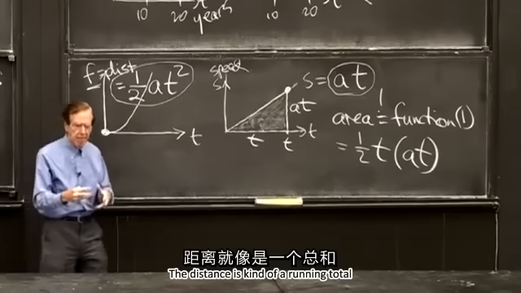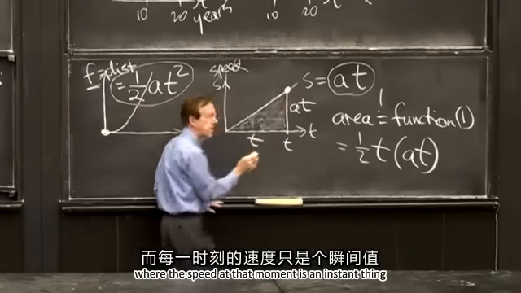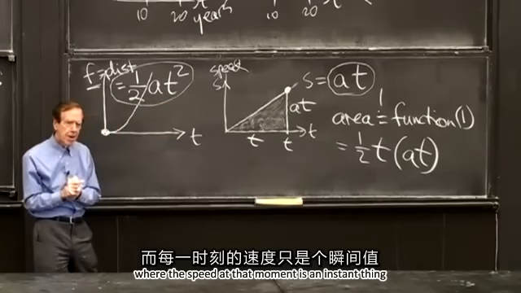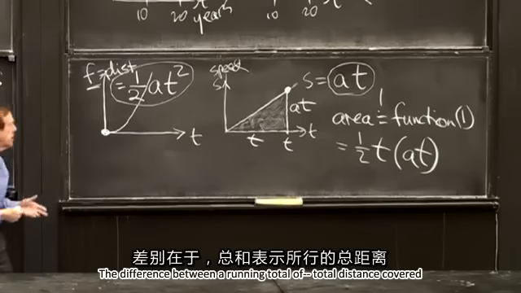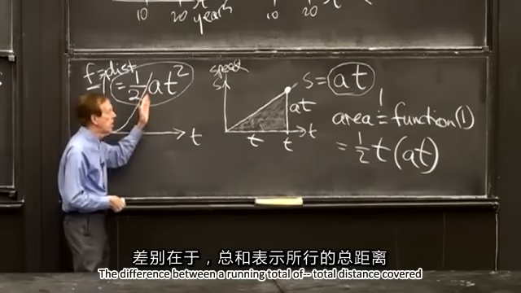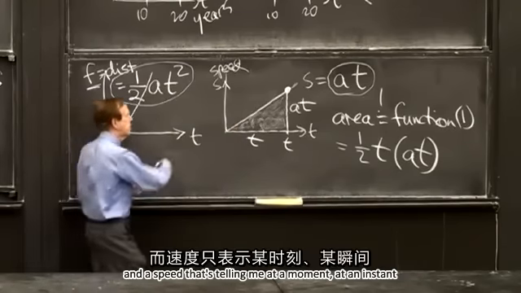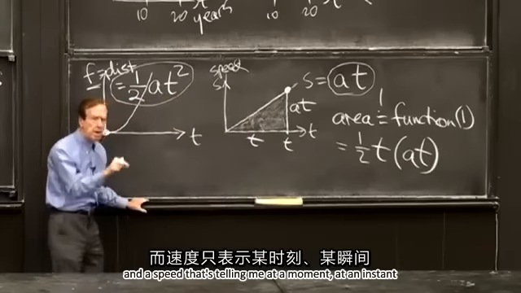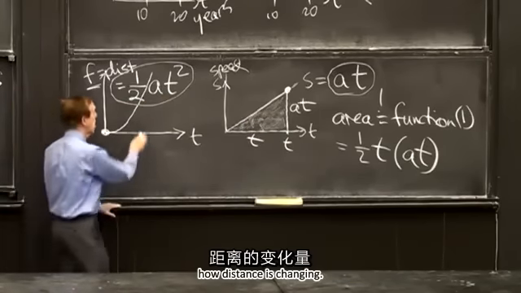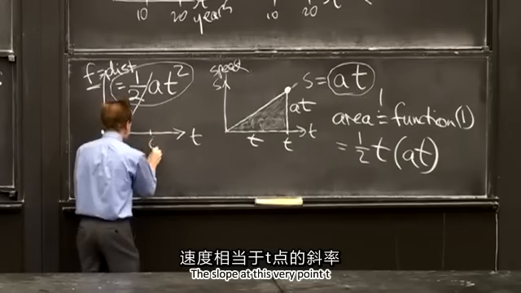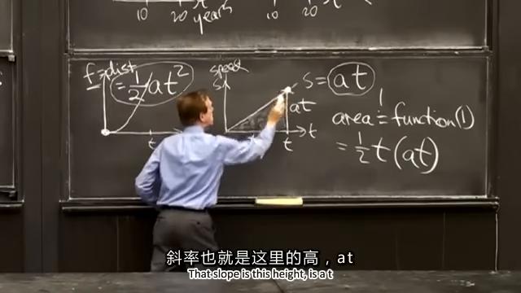The distance is kind of a running total, where the speed at that moment is an instant thing. We'll have to do that in future lectures: the difference between a running total of total distance covered and a speed that's telling me at an instant how distance is changing. The slope at this very point t, that slope is this height, at.